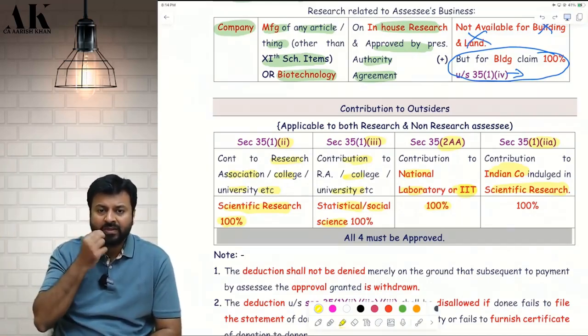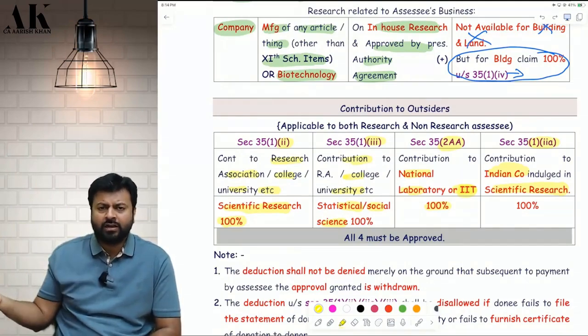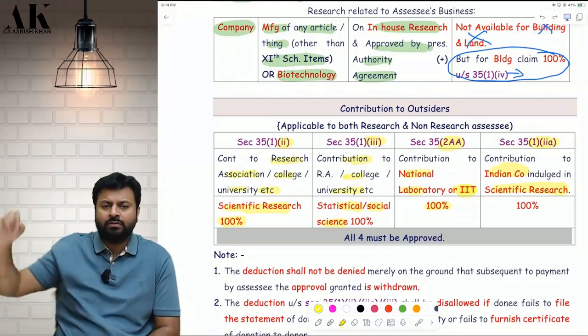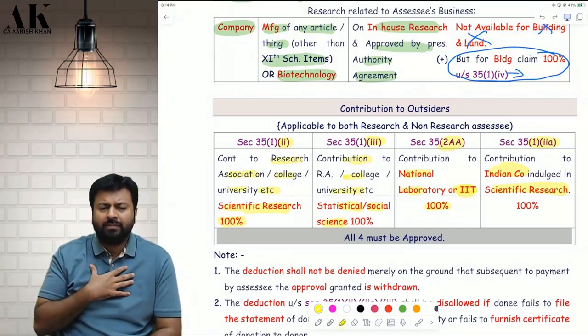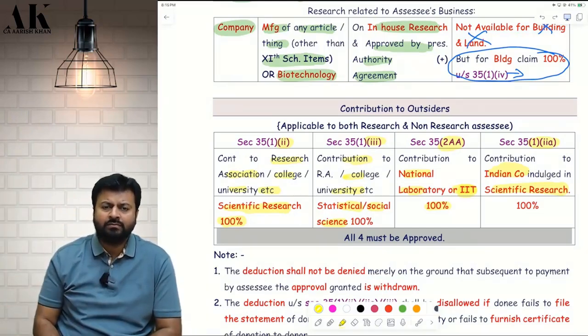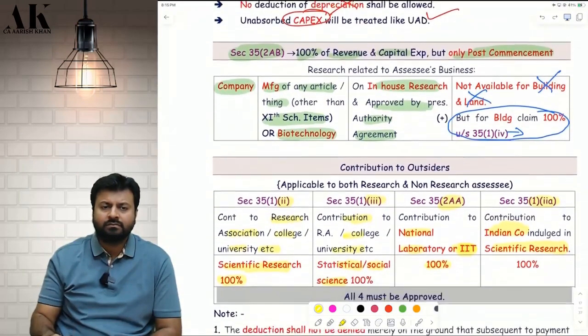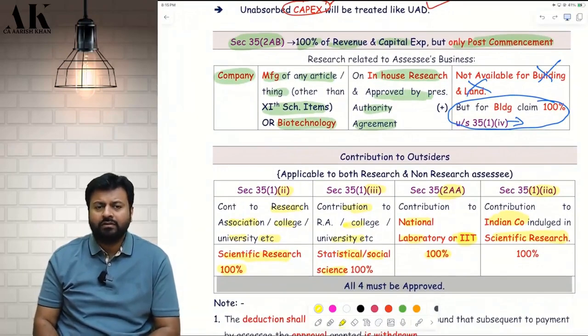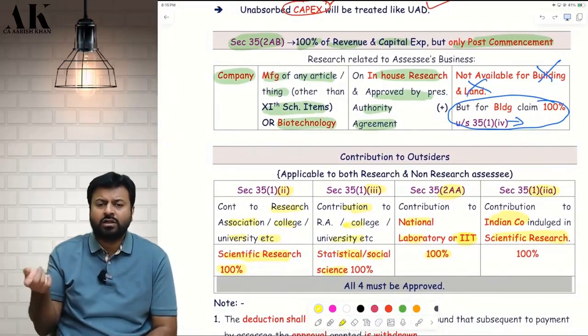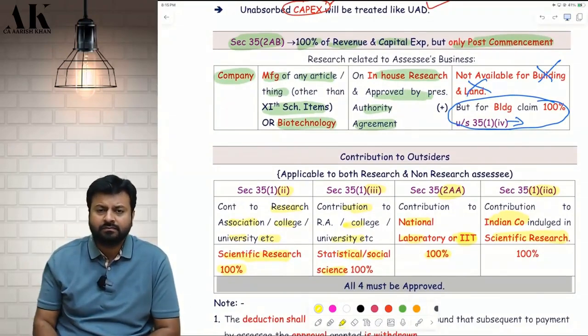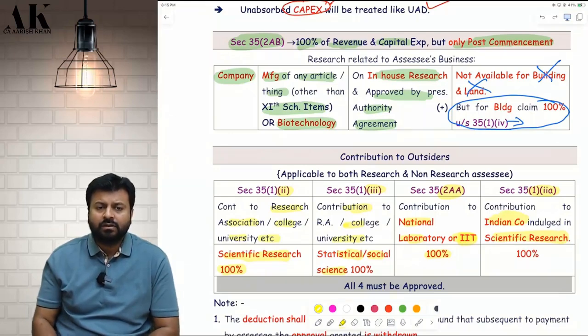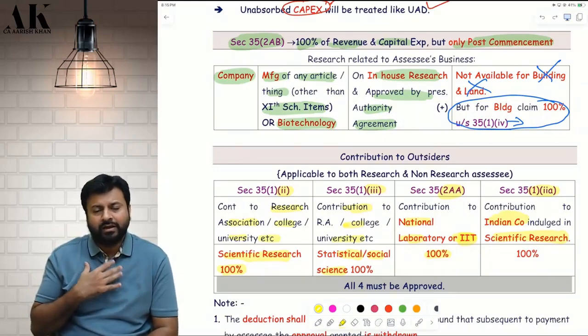So I gave the donation, I claimed the deduction, and after that the government withdrew the approval. What do you feel? Will my deduction be denied or will it be allowed to me? It is not the assessee's mistake.